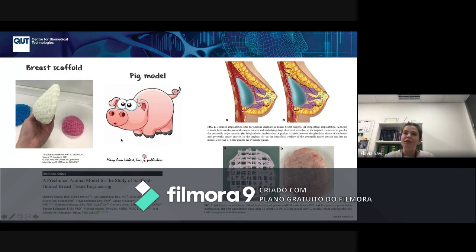We have already published the technique that we have been using to study these breast scaffolds. Here I'm showing where the scaffold is implanted. This blue part here is the scaffold, and here is the geometry of the scaffold that we have been using.